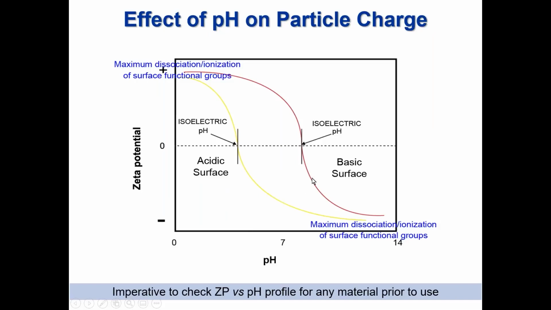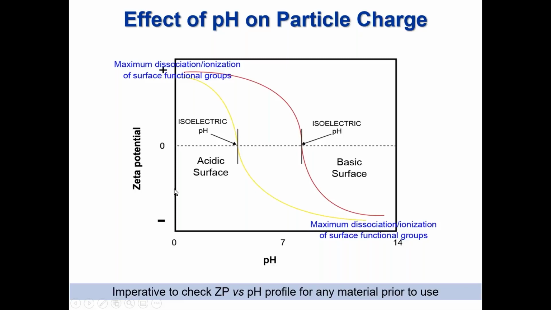Possibly the most common practical application of Zeta potential measurement is in predicting and controlling dispersion stability of suspensions. A sufficiently high Zeta potential, whether positive or negative, say 20 millivolts or more, will usually confer long-term stability on a simple dispersed system.